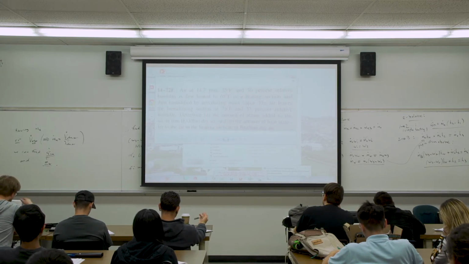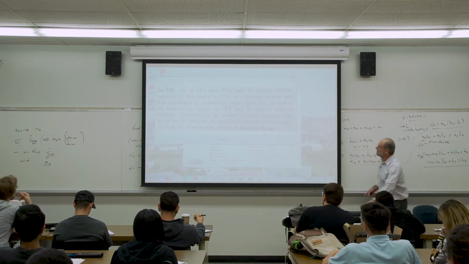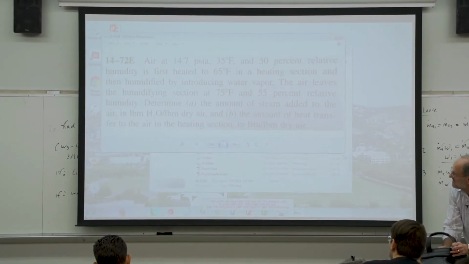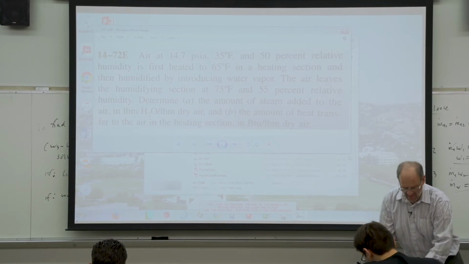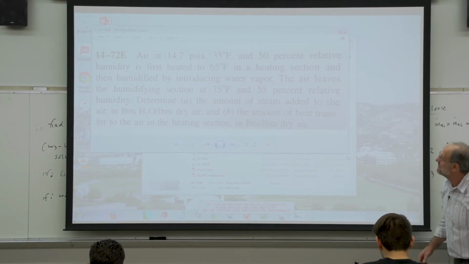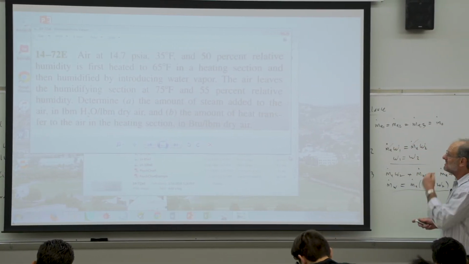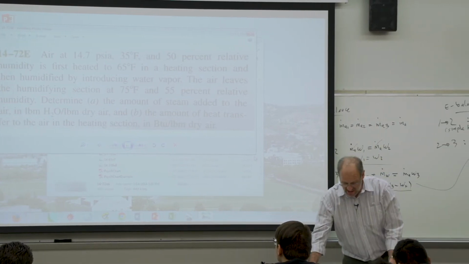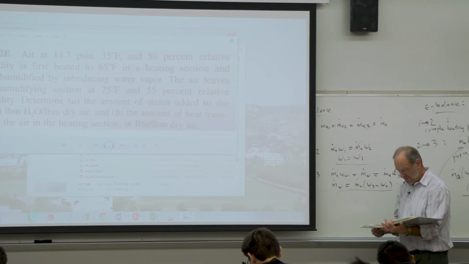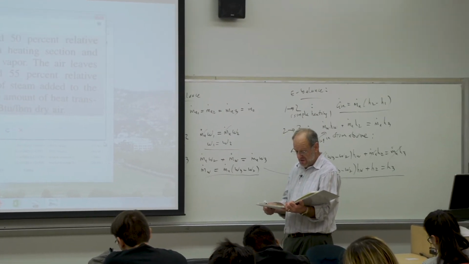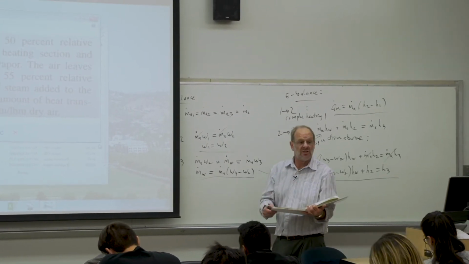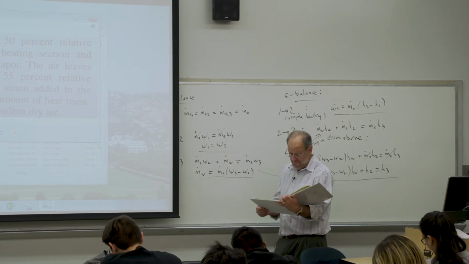All right. So here's the example problem we're going to look at. This tells us that we have air, although I suppose the author could have used the word atmospheric air. But nonetheless, air at 14.7 psia and 35 degrees Fahrenheit, 50% relative humidity is first heated up to 65 degrees Fahrenheit in the heating section, and then it's humidified by introducing water vapor.